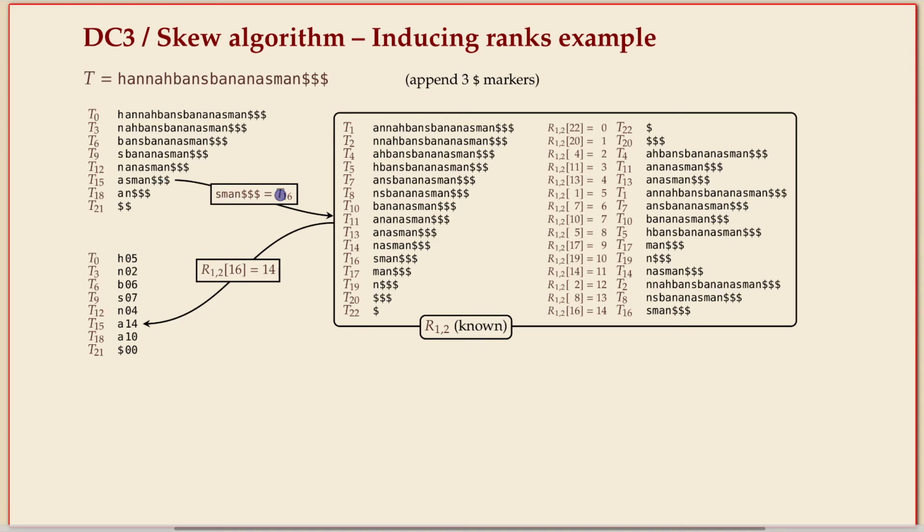That is T16. So we go into our list and look up what's the rank of T16. And the rank of T16 here is 14, because it happens to be the last in the sorted order among those others. And so we replace this long suffix with just its rank. And so that brings us to this list. And sorting this list gives us the same order as sorting this list of suffixes.